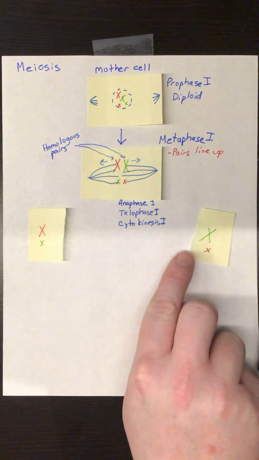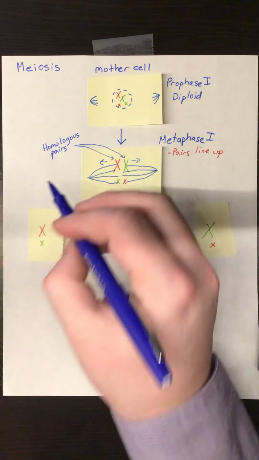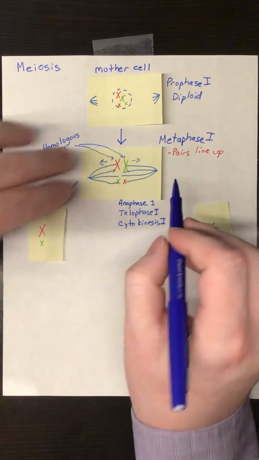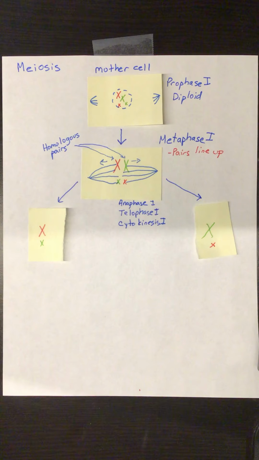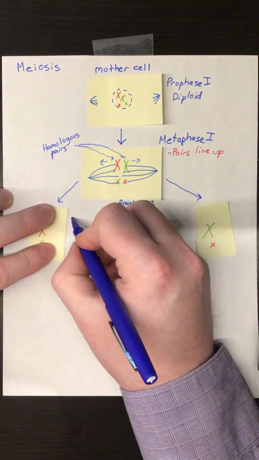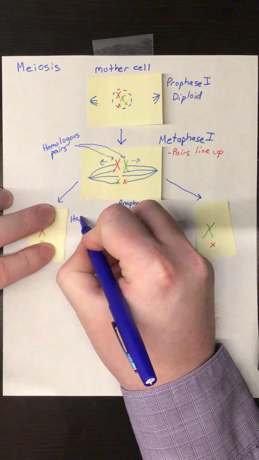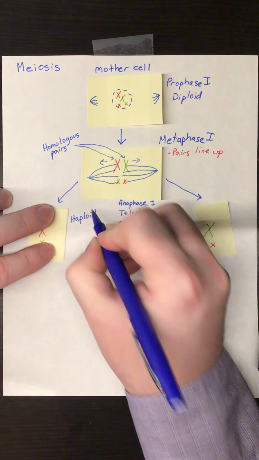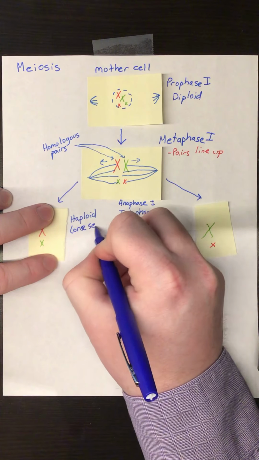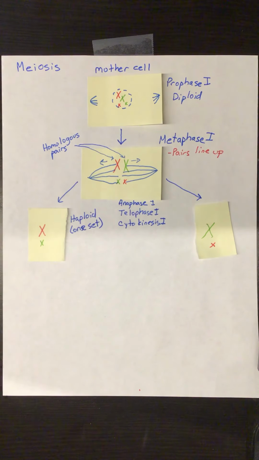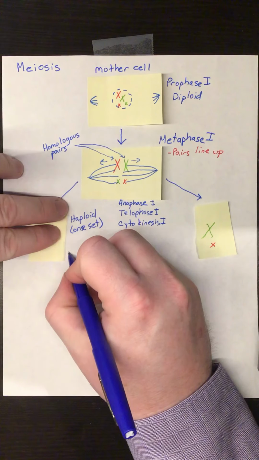So now these cells only have one set of chromosomes. So these cells now are called haploid. And haploid means that they have one set of chromosomes. So this would now be considered prophase 2.